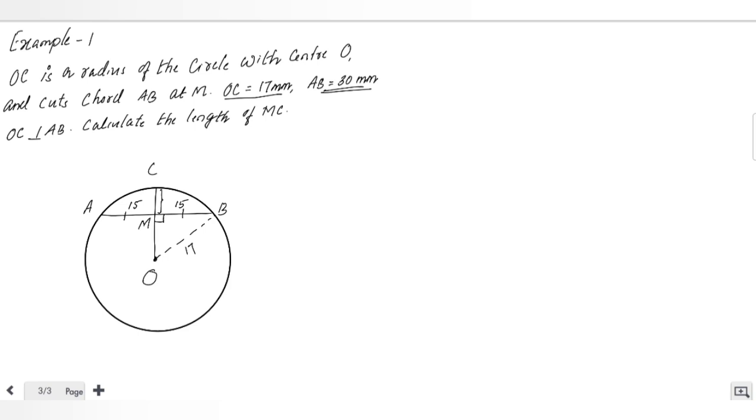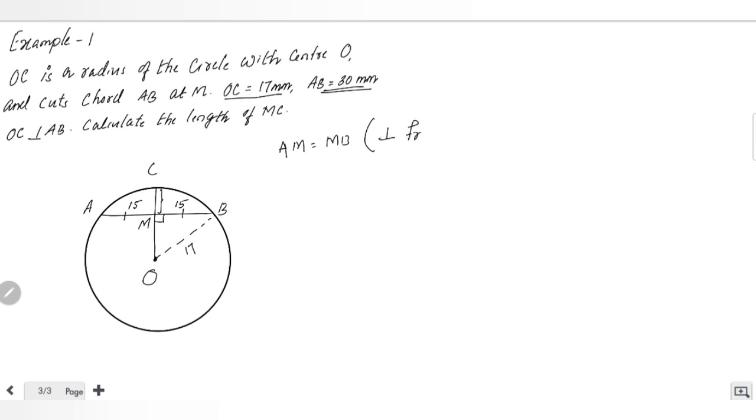First you have to show why you got that 15 millimeter, that is AM is equal to MB. That you have to mention here, that is very important. AM is equal to MB. What is the reason?